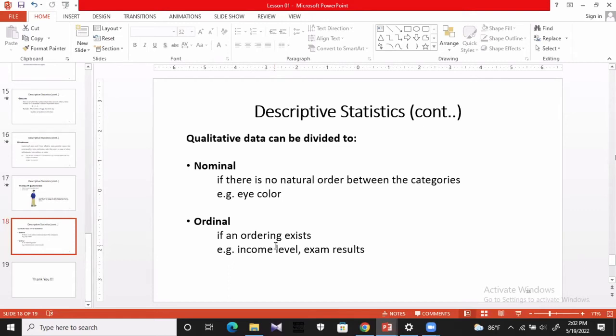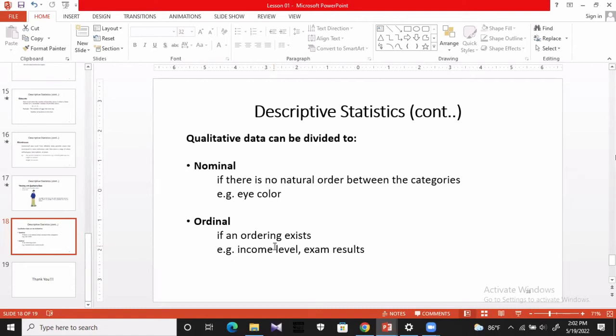But if you consider the income level of a person, right? We know income is a numerical value, but by considering the monthly income of a person, we can actually categorize that person into some groups, like a rich person, a person who has a high level of income, persons who have low levels of income, or middle levels of income.